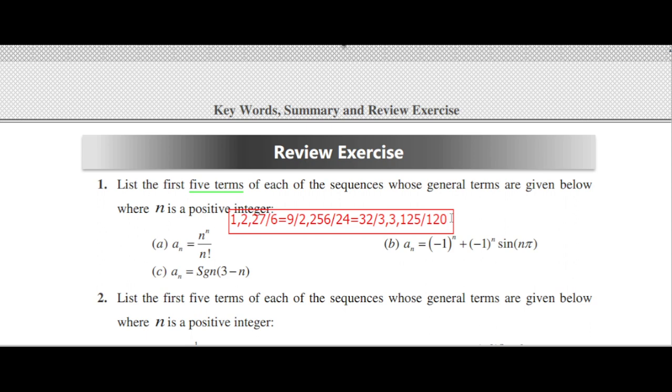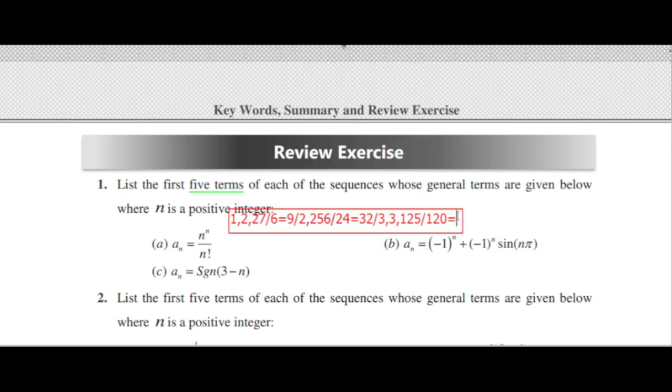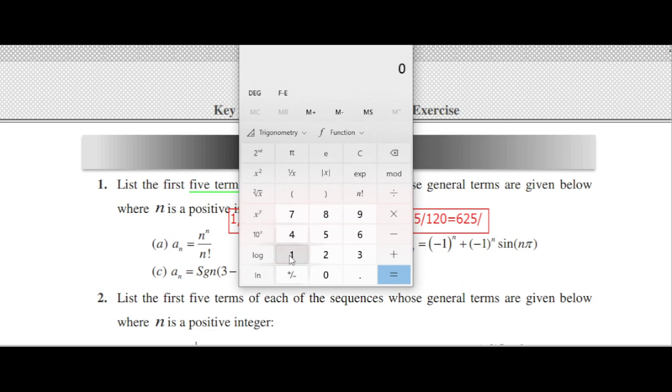Now let's simplify this by 5. 3125 divided by 5 is equal to 625. 120 divided by 5 is equal to 24.